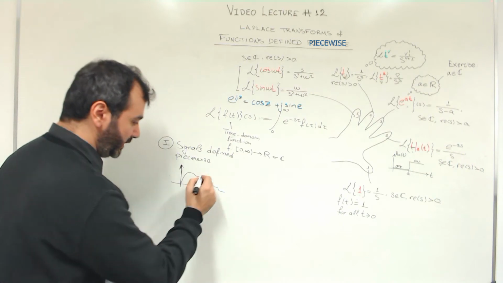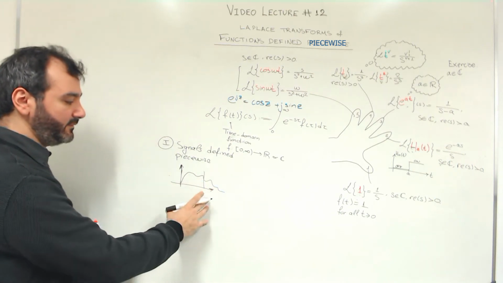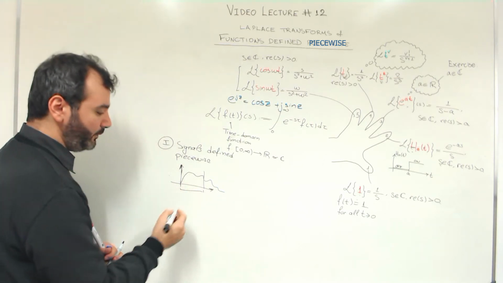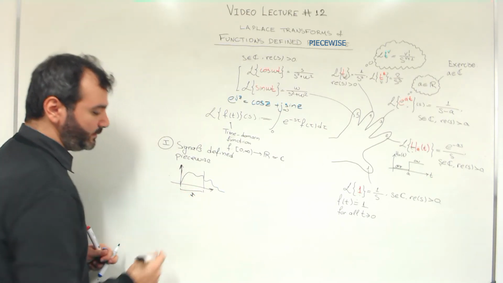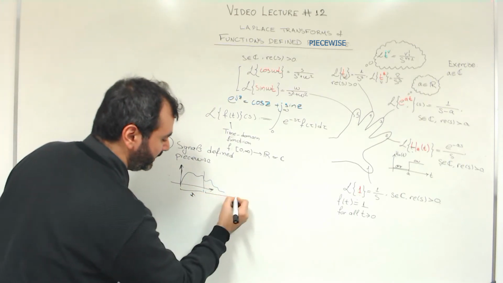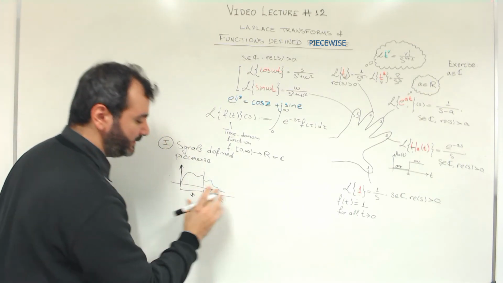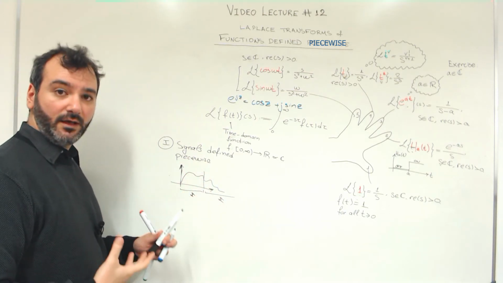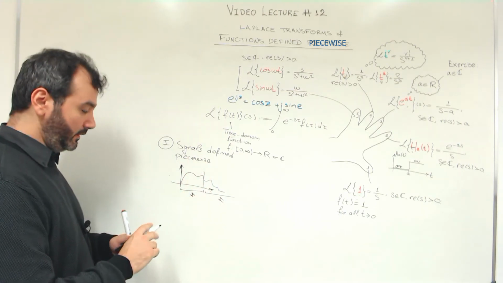So we have a switch here, and the function now we say is defined piecewise. In this first piece of time, it's defined like that. In this second piece of time, it's defined differently. So we're talking about functions in which switching phenomena occur.